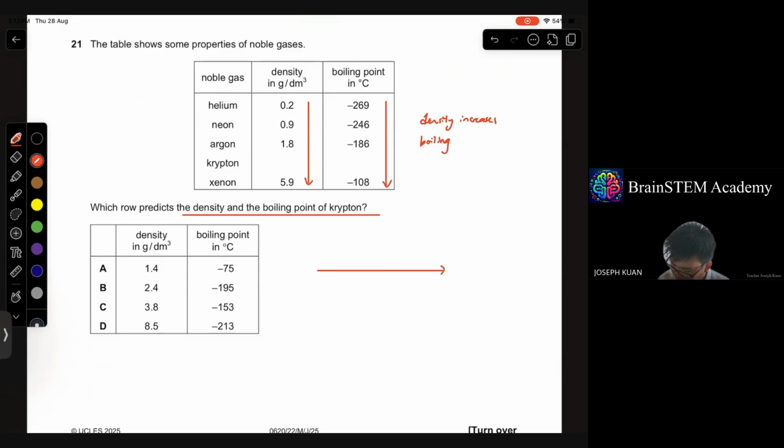If you draw a temperature scale, it involves an increase in the boiling point. So we just have to find values that fit this pattern. That being C, which is 3.8 and -153.